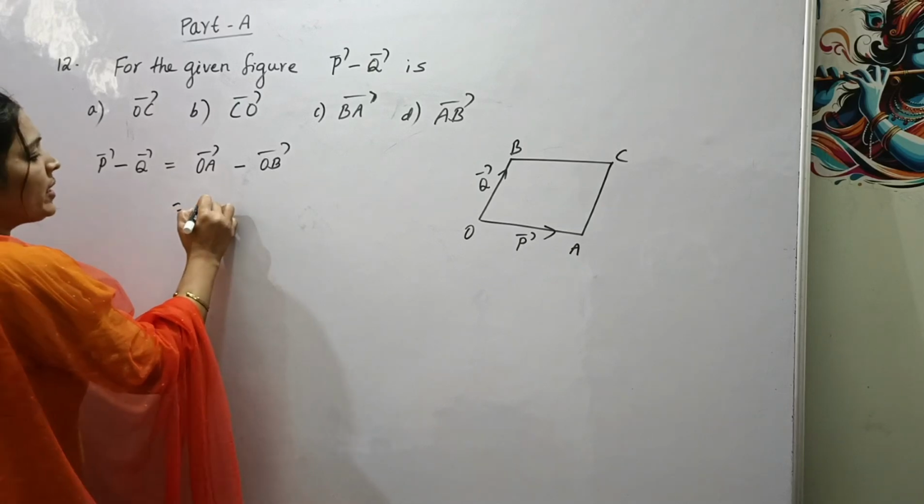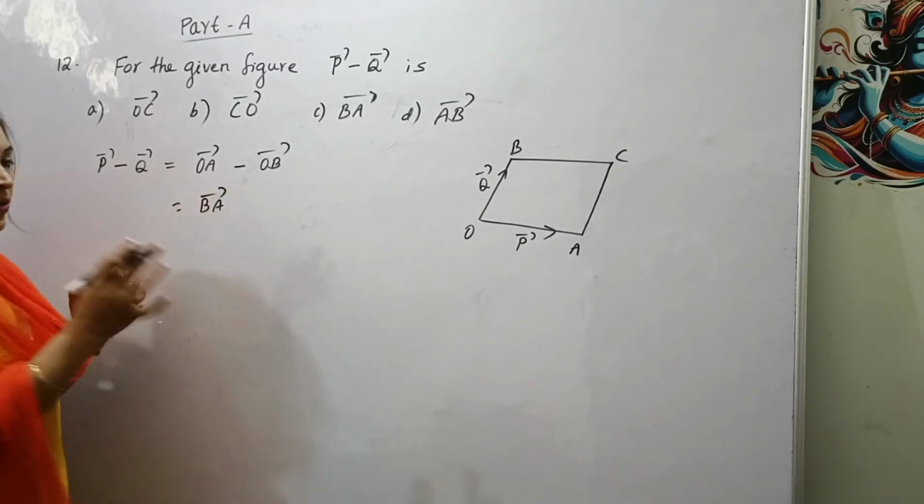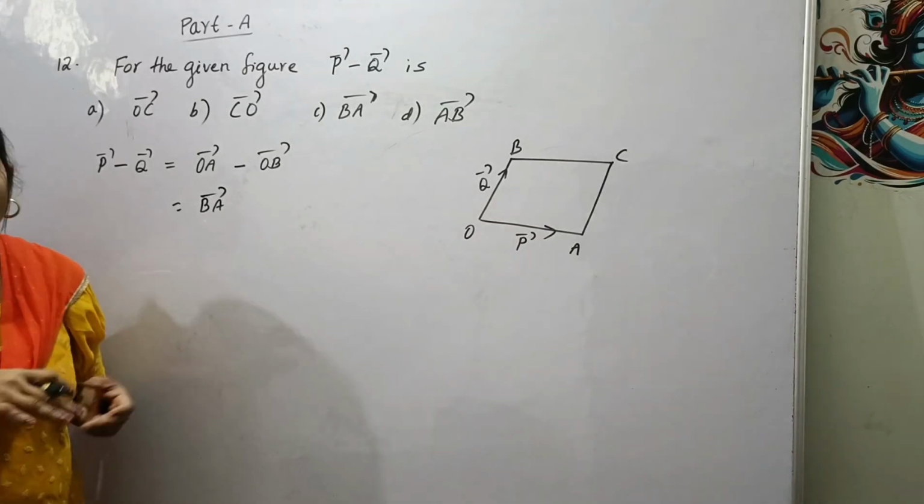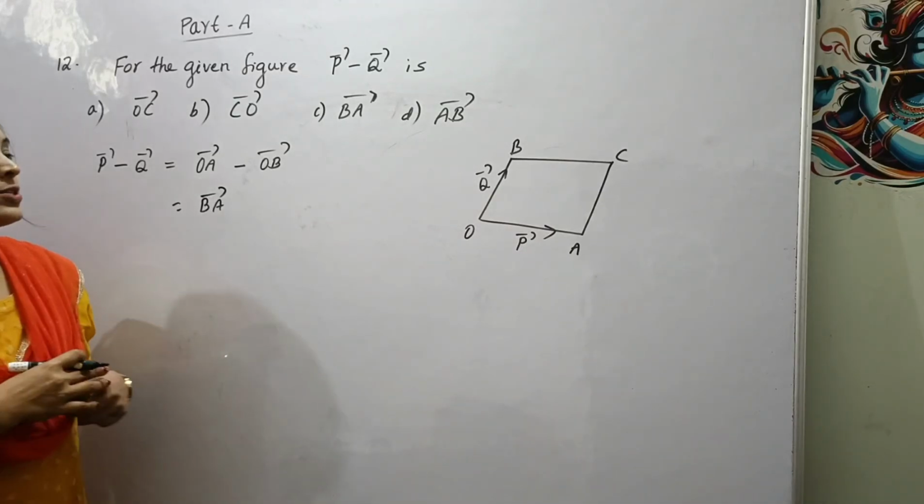That is nothing but vector BA, right? We know that vector BA is equal to vector OA minus vector OB, by triangular law of vector addition. We have studied this one.